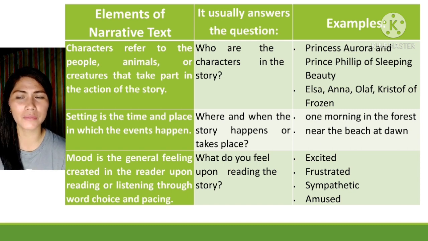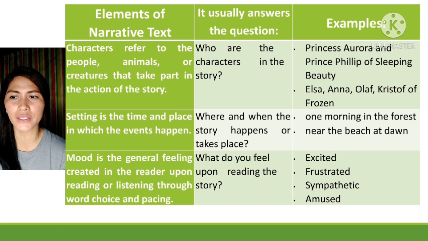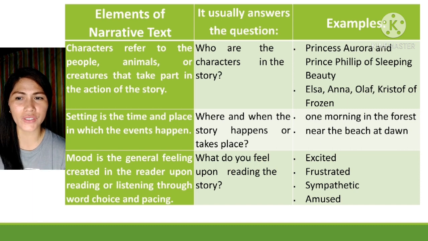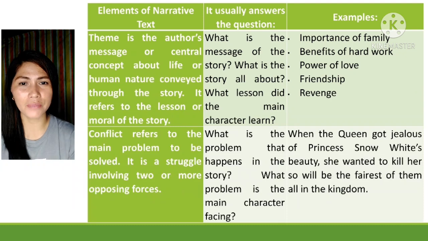The third element of a narrative text is the mood. It is the general feeling created in the reader upon reading or listening, through word choice and pacing. It usually answers the question, what do you feel upon reading the story? Examples: excited, frustrated, sympathetic, amused. The next element of a narrative text is theme.